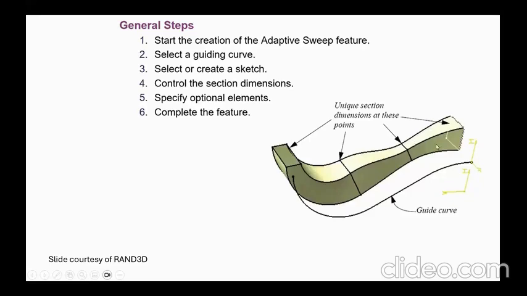However, the dimensions you want to be changed. The difference between adaptive sweep and sweep is that sweep takes the original profile, keeps it with those same dimensions and everything, and then sweeps it. But adaptive sweep allows you to change the information at different sections, which are called user sections.